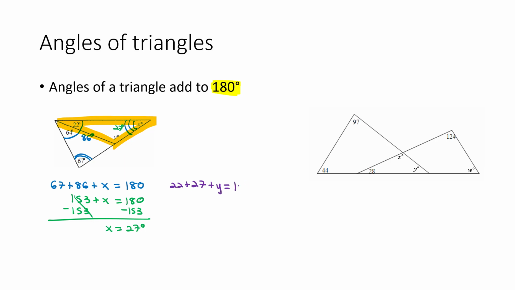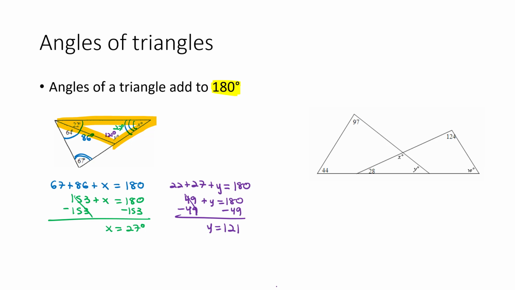And we've got the y. But we know all the angles of a triangle have to add up to 180 degrees. So when we add here, we get 49 plus y equals 180. Subtract 49 from both sides, and y is equal to 121. We got a 121-degree angle here in the center of the triangle.